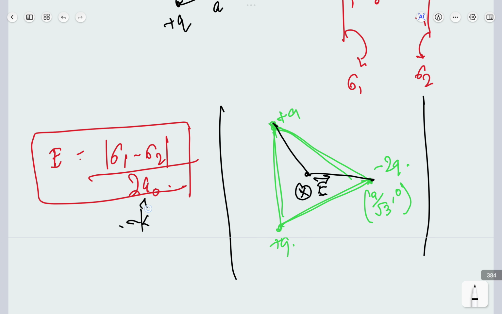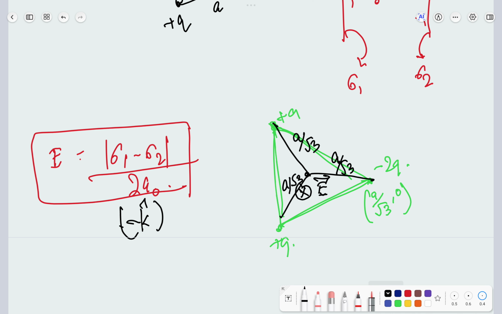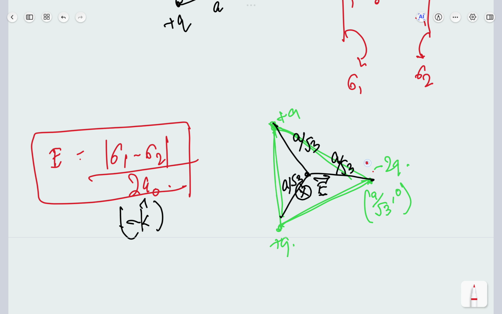So this is in the minus k cap direction. The main thing in this question is that each point is A by root 3 distance from the central point, but how would it want to rotate? When you have an electric field going inside the plane, it would apply a force of minus 2Q times E on the minus 2Q charge. This would be my force vector, so it would come out of the plane.